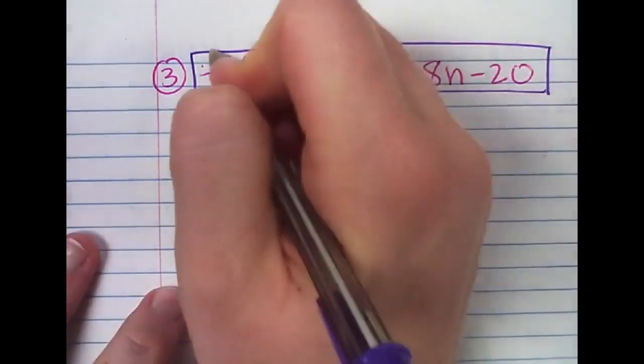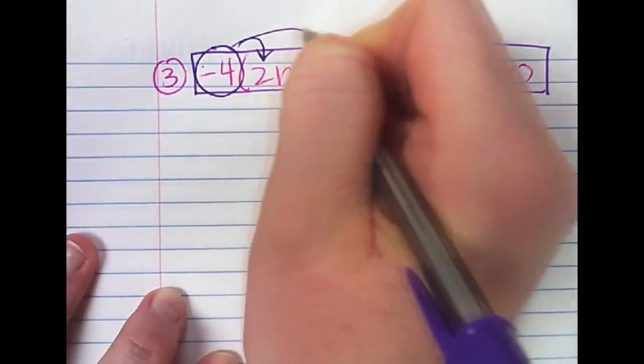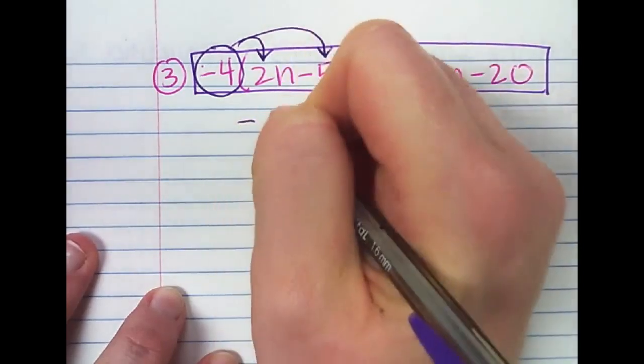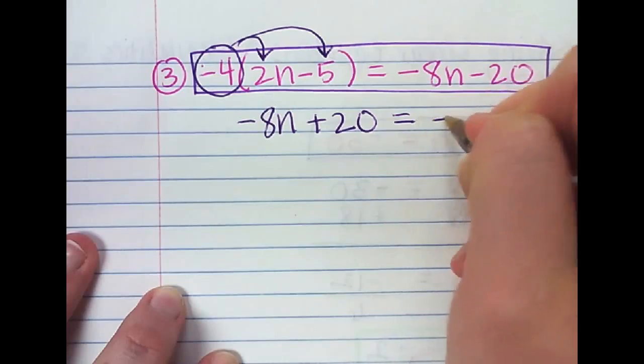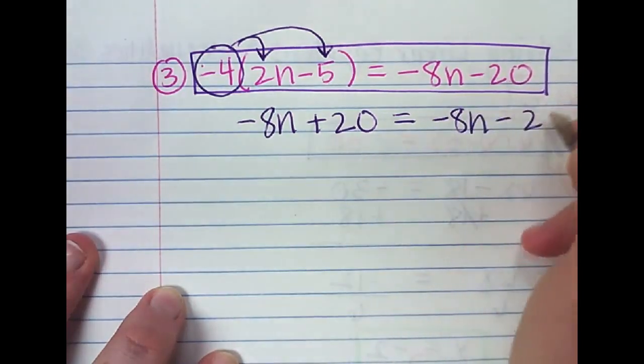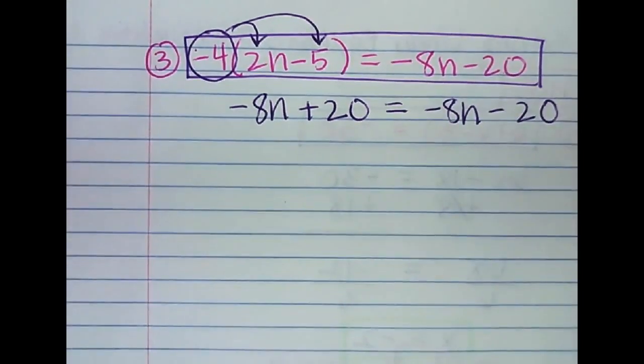Distribute. Again, make sure you distribute that -4. So we get -8n plus 20 equals -8n minus 20.